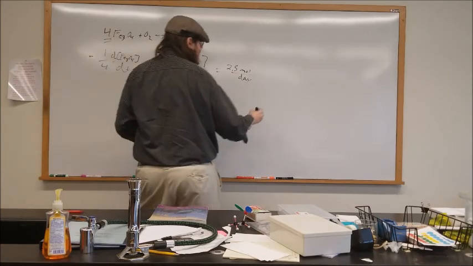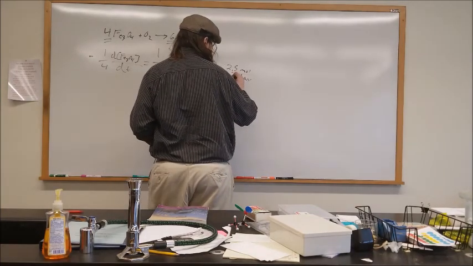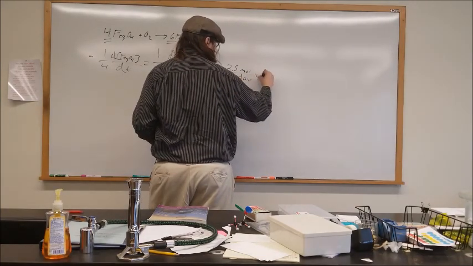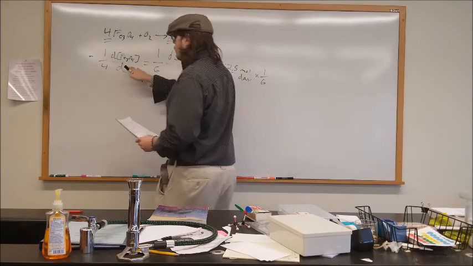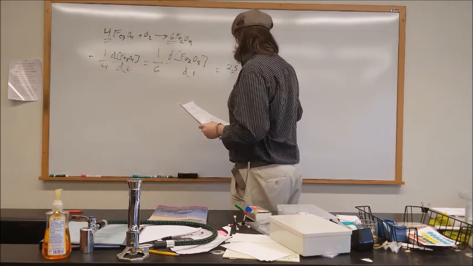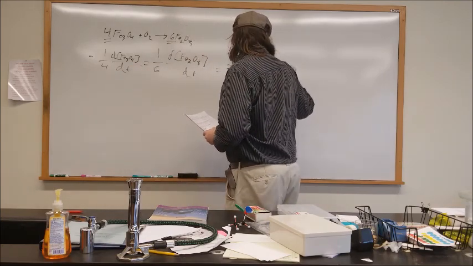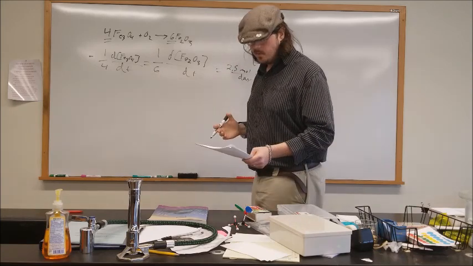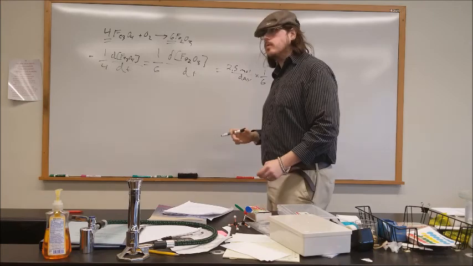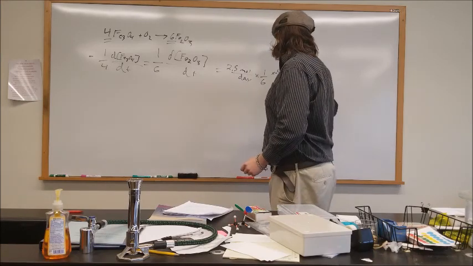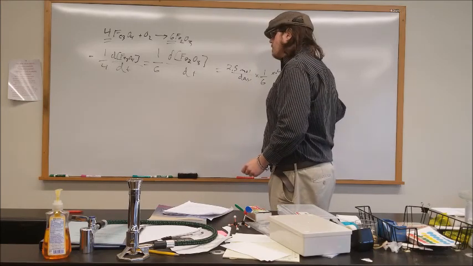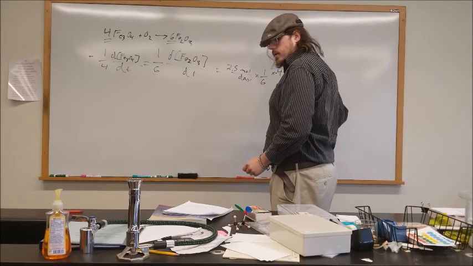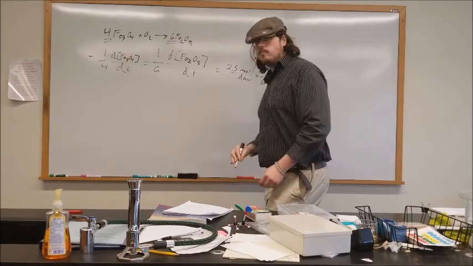We take that 2.5, divide it by 6, and in order to get this number, we have to multiply it by 4. Technically negative 4, but we'll live. So we do that math, and we get 1.67 moles a day, or B.